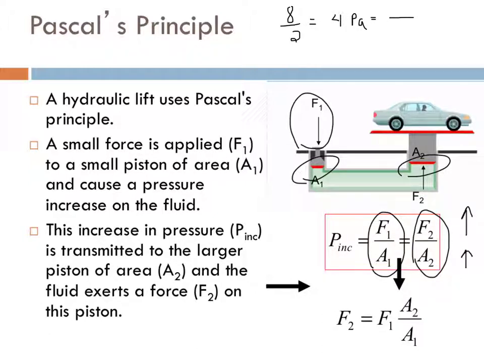Now, if the other side has an area of 4 meters squared, then the force created also has to increase. And this will increase to 16. Now, if you notice, they both still create that 4 pascals of pressure. This hydraulic system lets a mechanic apply a force that's much less than the force of a car and still be able to lift it.